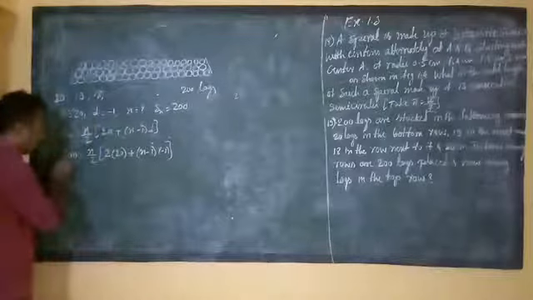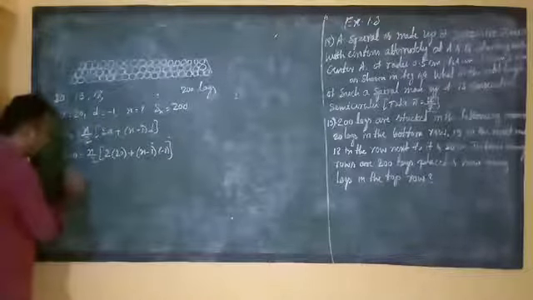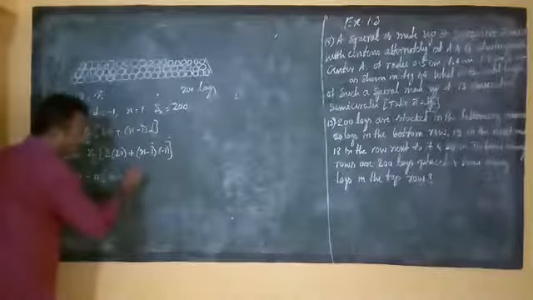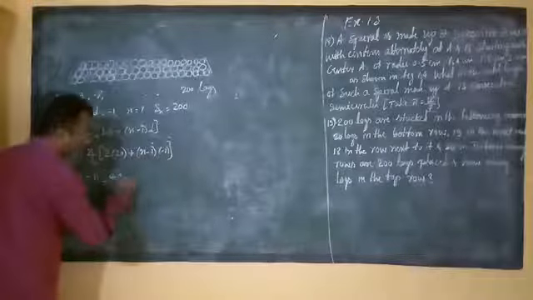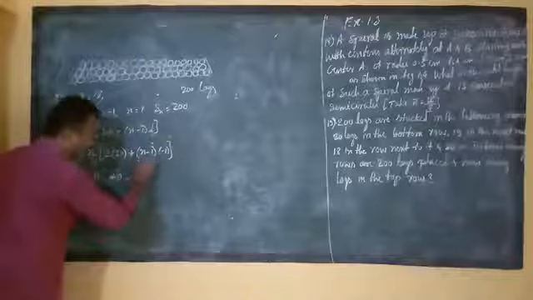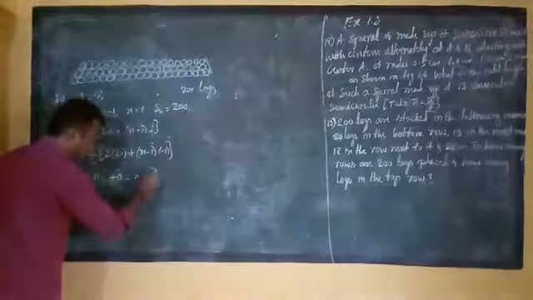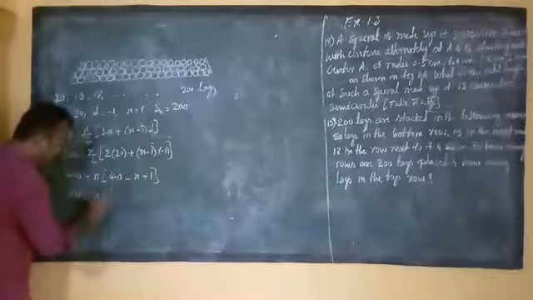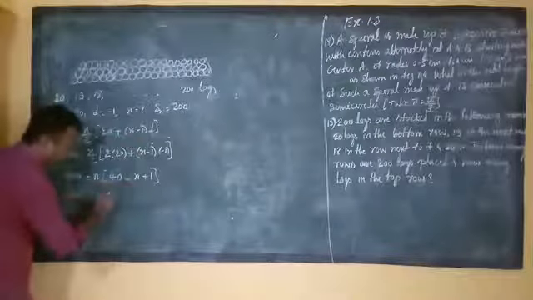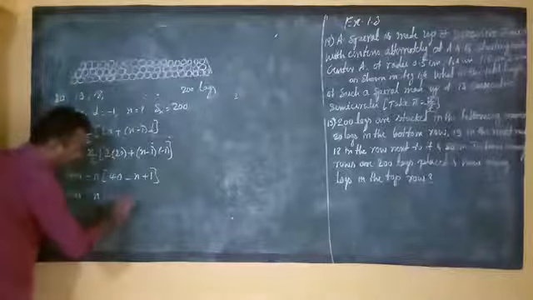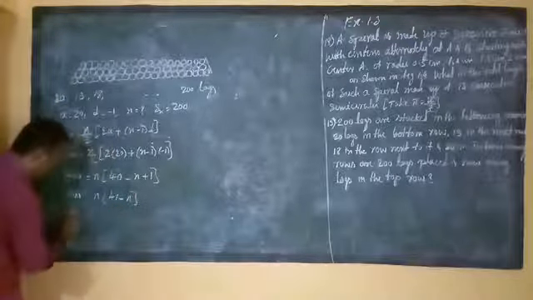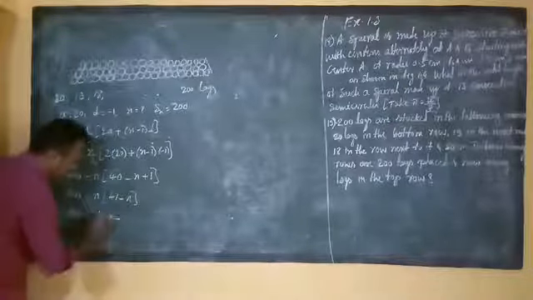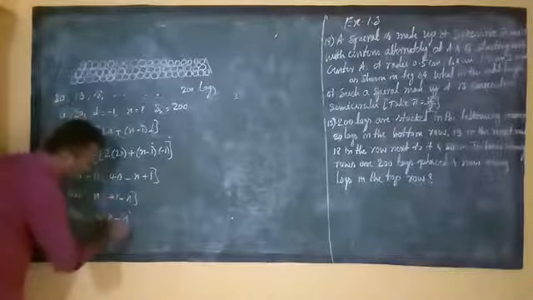Then 200 into 2 is 400, equal to n into (40 plus n minus 1) into minus... So 400 is equal to n into (40 plus 1 minus n), that is 41 minus n. So 400 is equal to 41n minus n square.